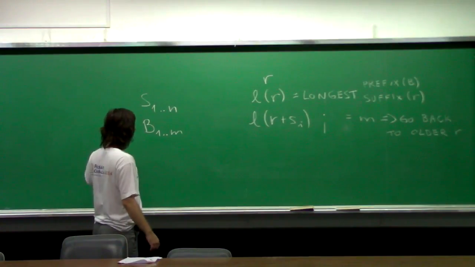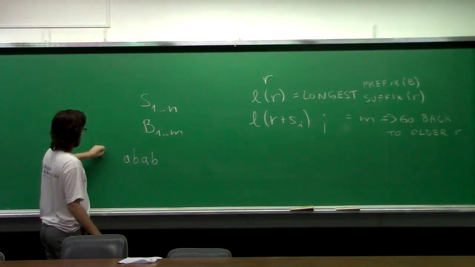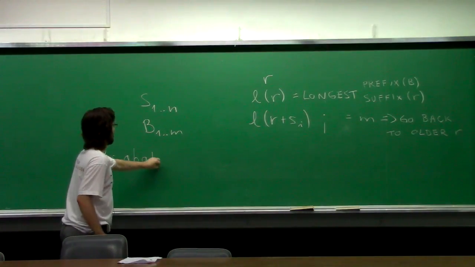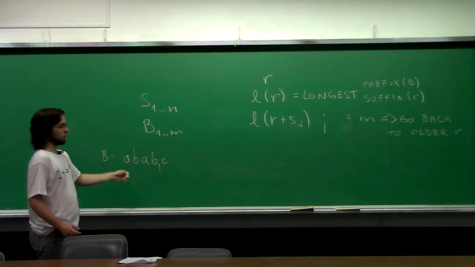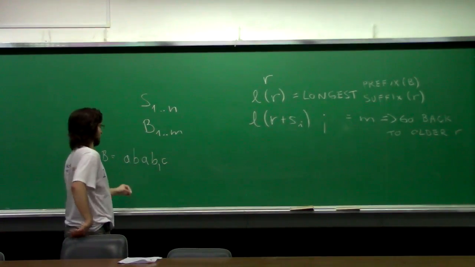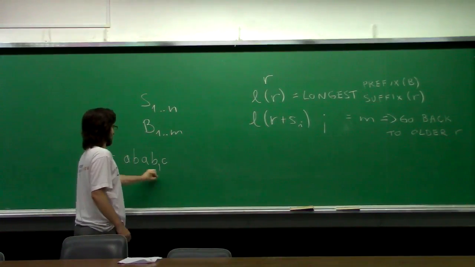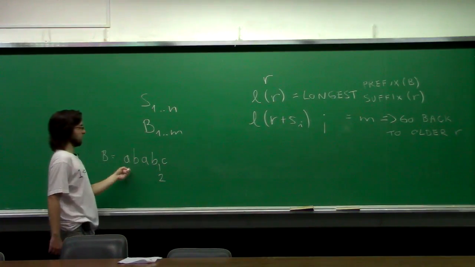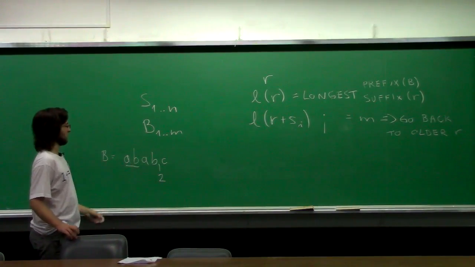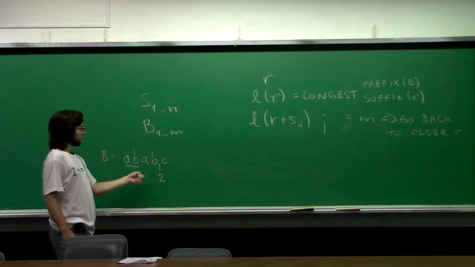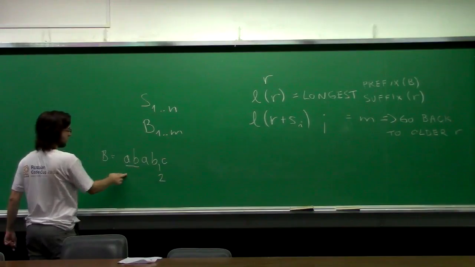So, for example, if we had B equal to AB, ABC, then for the prefix AB, AB, what we'll pre-compute is that the longest prefix which ends at this position has length 2, so this is prefix AB, because AB is a suffix of this whole string.